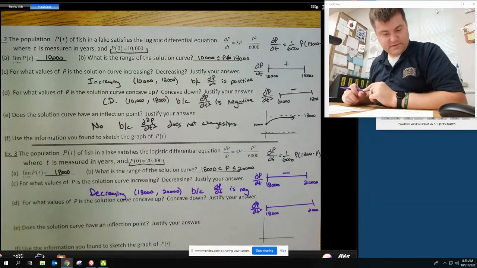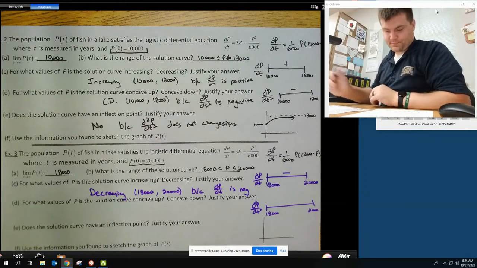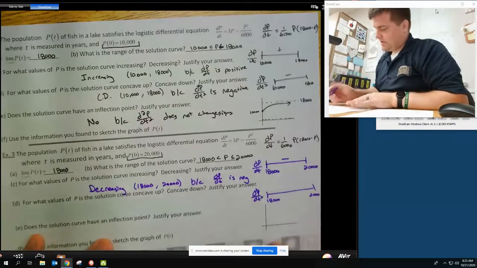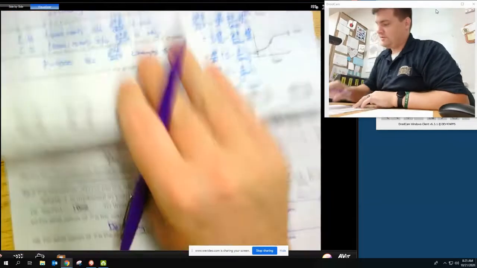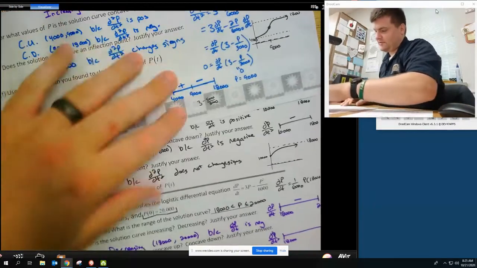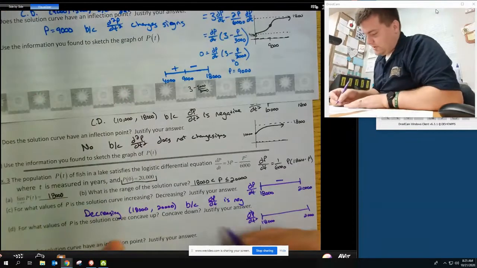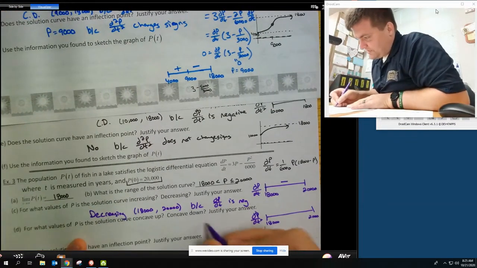It was negative, so it's going to be concave... Okay, well, it's easier if I just write down what my second derivative was. So this is my second derivative from previously. It'll be a little bit easier if I can show you that work. So the second derivative was dp/dt times (3 minus p over 3,000).